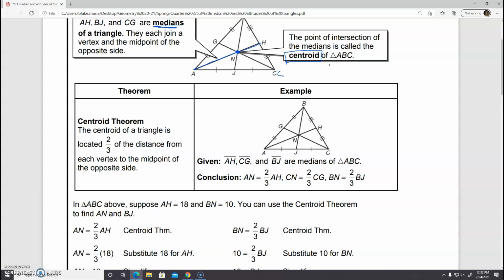What the theorem actually says is the centroid of the triangle is located 2/3 the distance from each vertex to the midpoint of the opposite side. So here from B to N is 2/3 the length of that median. There's a 2/3 chunk and a 1/3 chunk.